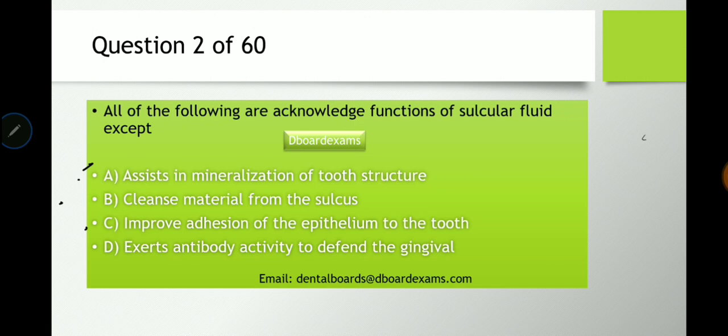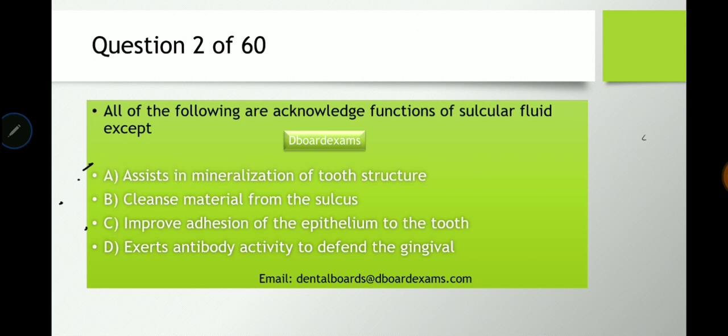Is it A, assist in mineralization of the tooth structure? B, cleans material from the sulcus? C, improve adhesions of the epithelium to the tooth? Or D, exert antibody activity to defend the gingiva?